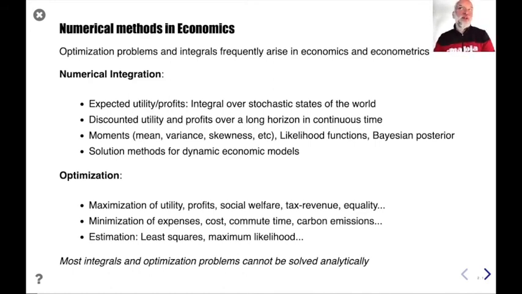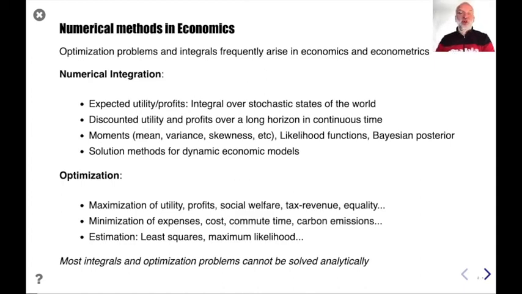Sometimes you can't specify the probability density for the variable you're trying to model, so you need to simulate it and calculate the likelihood function using integration. I'm not expecting that you get all this. I'm just trying to provide some examples to motivate why we really need to learn how to do numerical integration.